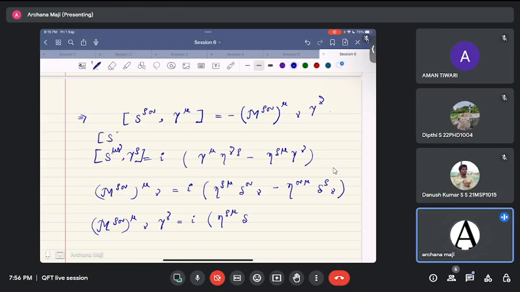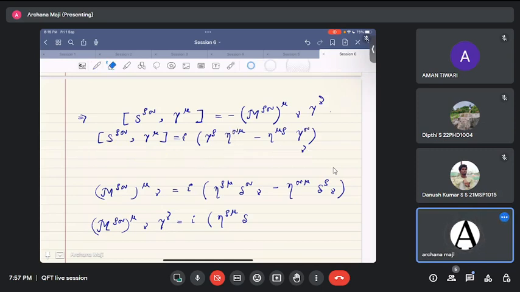So the commutator of S^rho sigma with gamma^mu will become i. This is just to make the comparison, nothing else. So rho is becoming mu here. Mu will become rho. So rho here and rho here, and nu is becoming sigma. So sigma here, sigma here. So I'll just erase this.